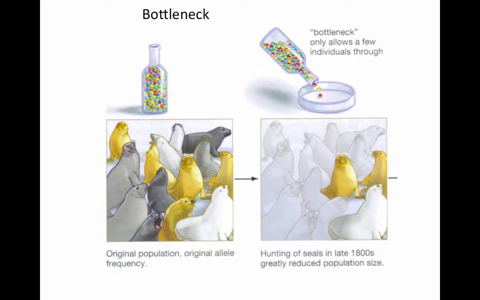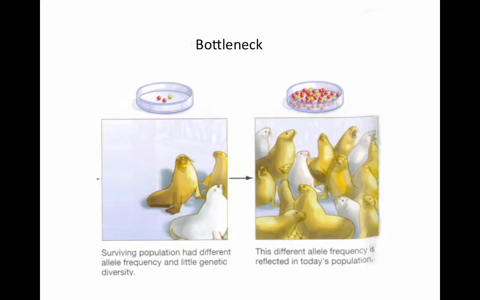So the example given here is seal hunting, and the original population had a lot of variety, hunted down so that there was, just by random chance, a very small amount of variety. And then when that population is allowed to expand, then the original alleles are no longer present.